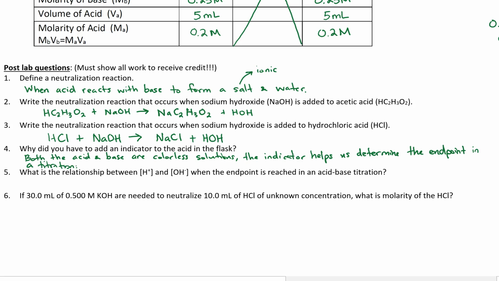And this leads us to question number 5. What is the relationship between H+, or the concentration of hydrogen ions, and the concentration of hydroxide ions when the endpoint is reached in an acid-base titration?